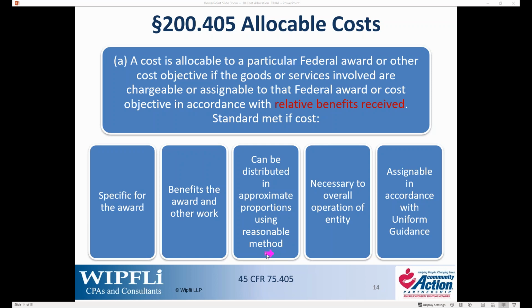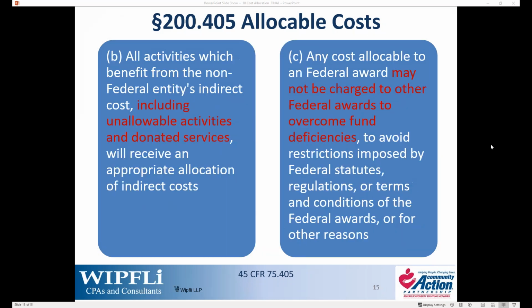In approximate proportions using a reasonable method. So as long as your method is reasonable and it approximates the cost, that's okay based on the regulations. It also needs to be necessary to the overall operation of the organization and assignable in accordance with the uniform guidance. So again, always have to keep the regulations in mind.